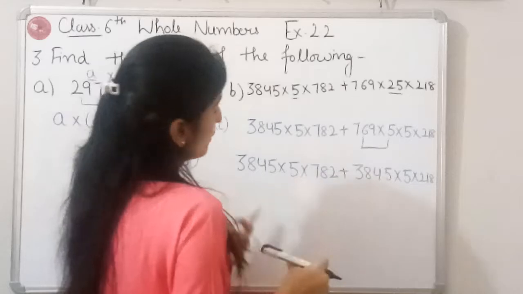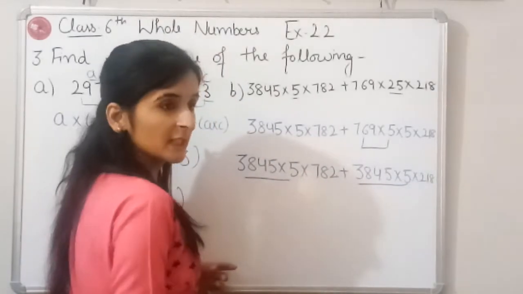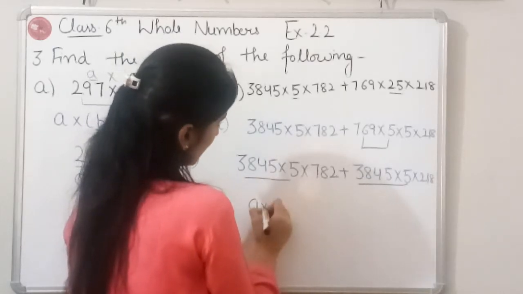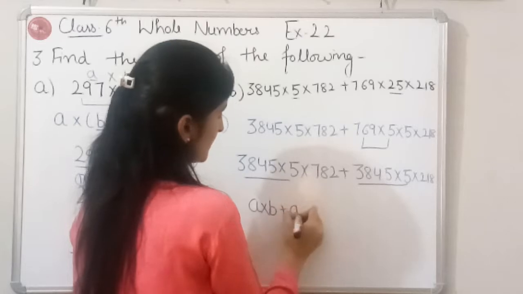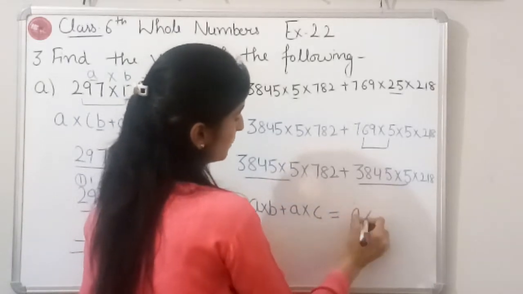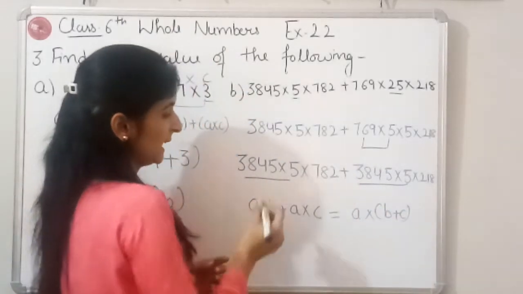Now this and this are common in these two terms. Now we can use our distributive property. A multiplied by B plus A multiplied by C is equal to A multiplied by (B plus C). So what is our A here?